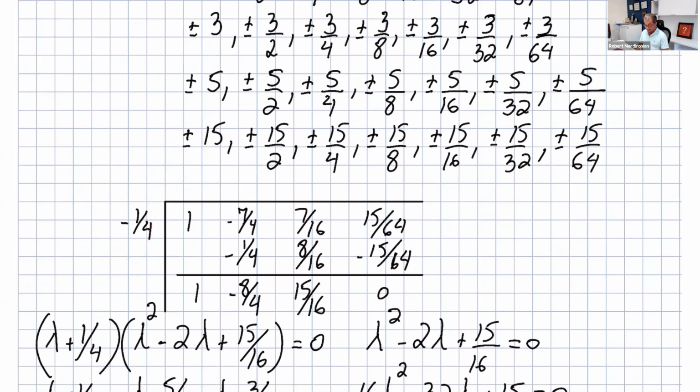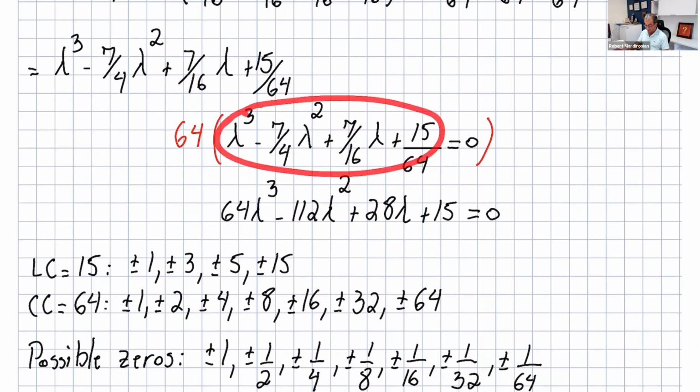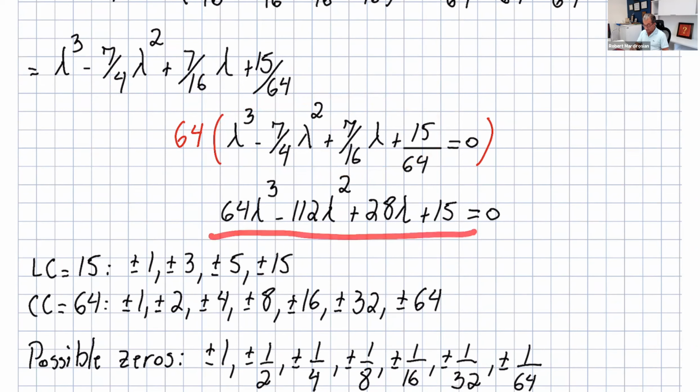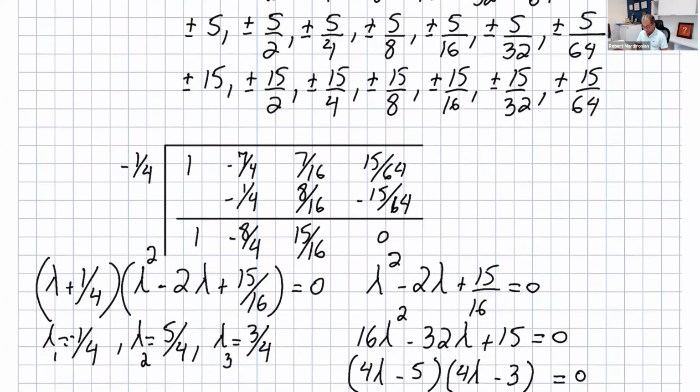Now, if you want to do the synthetic division, you can just take the coefficients of that first polynomial. This will do it too, but it's easier with the fractions here.